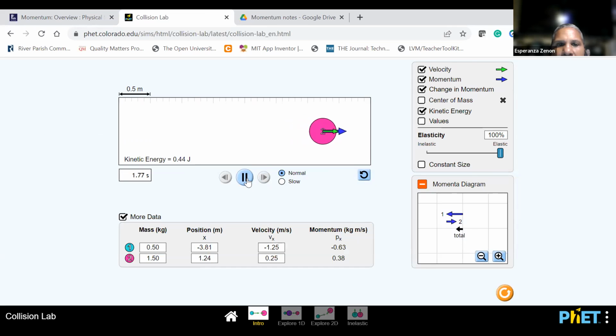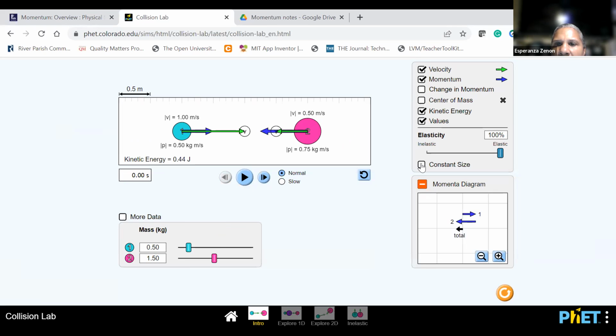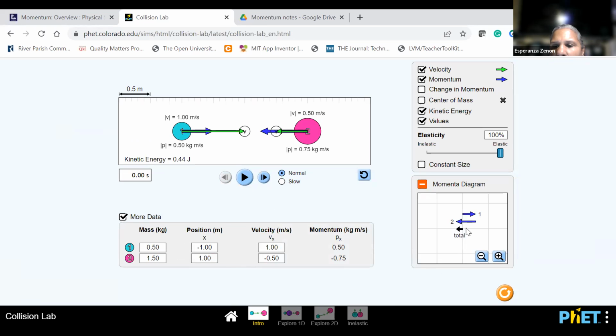Oh, refresh, okay? And we'll click all those values again, my bad. We'll keep it an unconstant size. We'll look at more data. And watch this little total value down here at the bottom, the little black arrow.